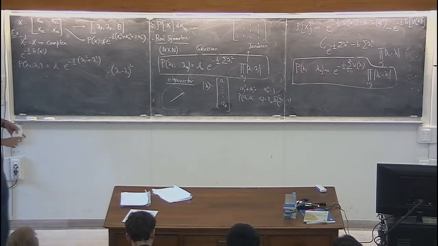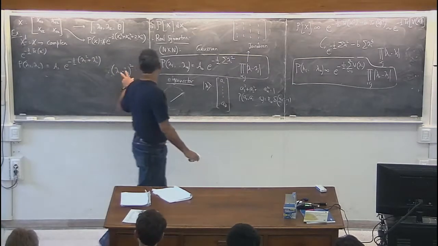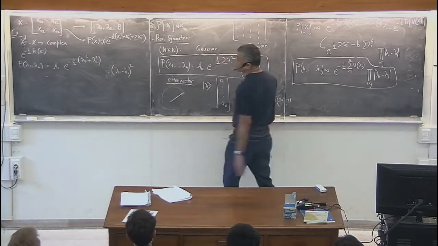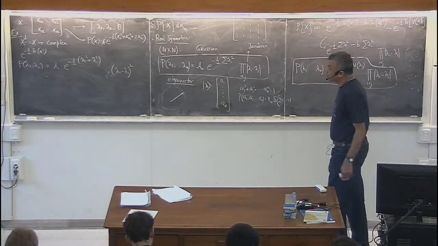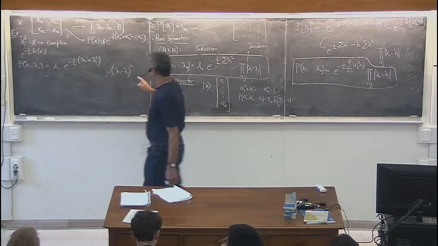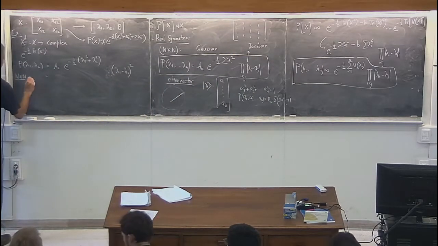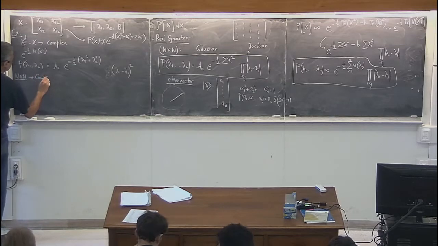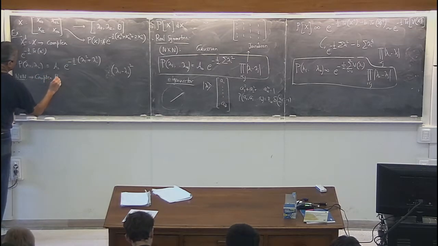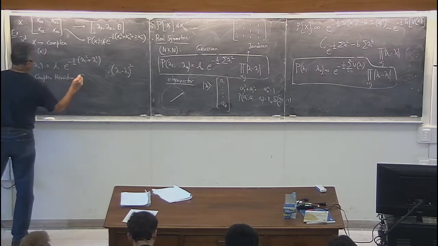And if you go to the n by n case, this is the Gaussian. This is what is called the GOE, Gaussian orthogonal ensemble.